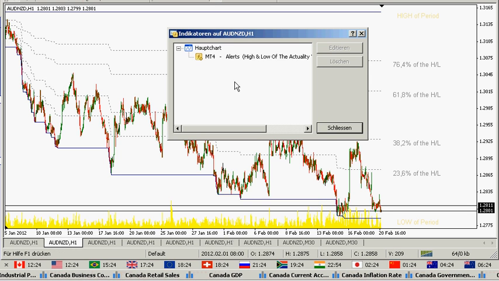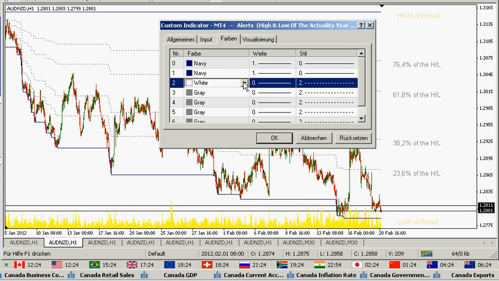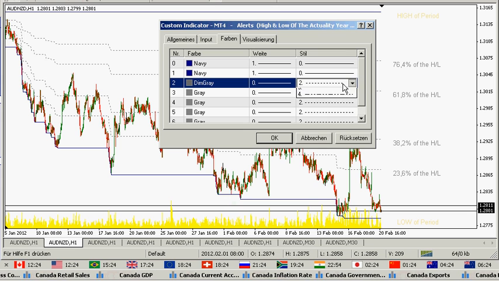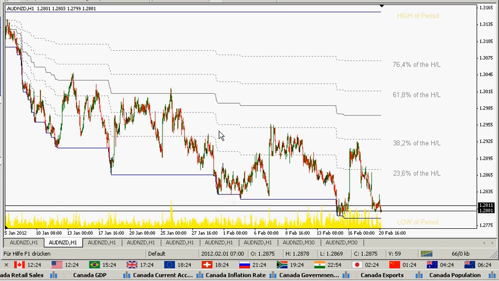Oh, I forgot the 50 area. Where's the 50 area? Here. Perhaps in gray. So here, yes.